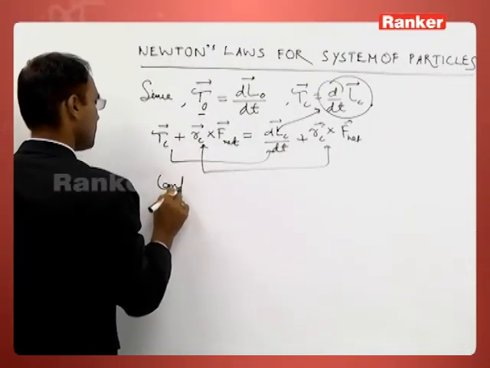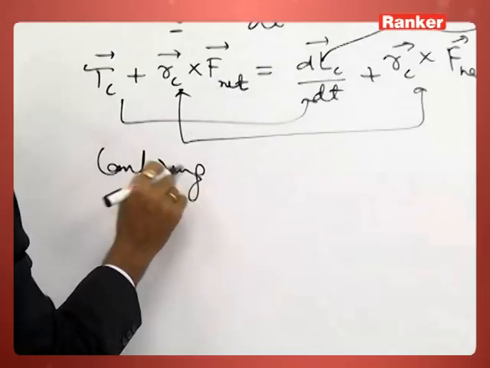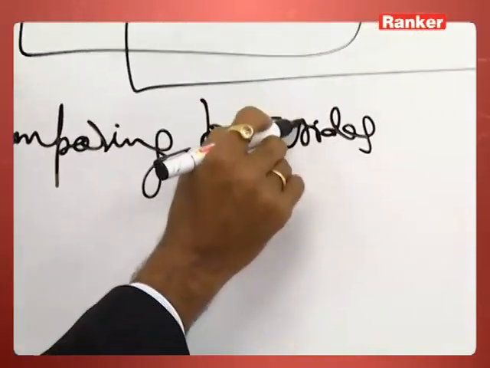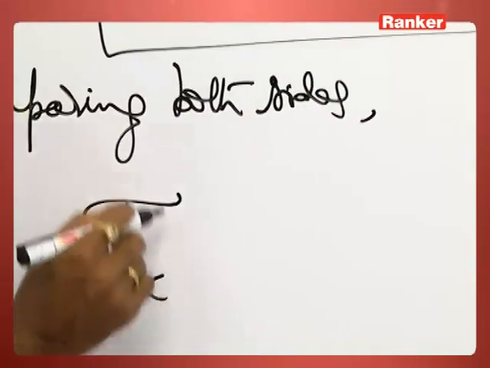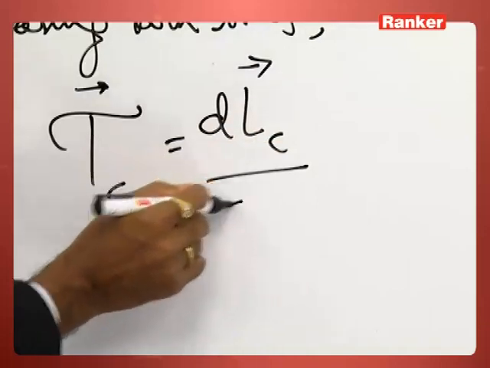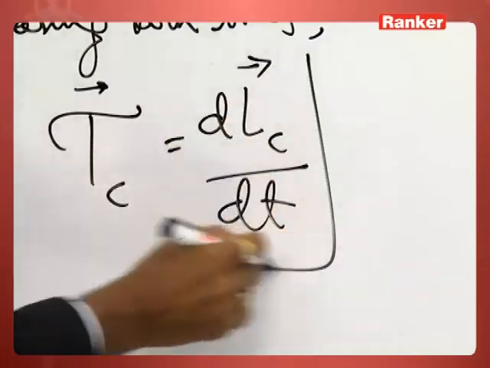Comparing both sides, we have tau C is equal to the rate of change of angular momentum about the center of mass.